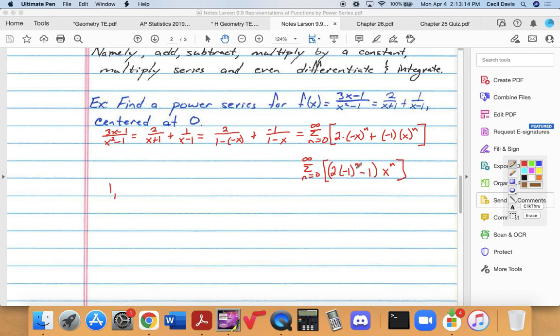If n is 1, that's going to be negative 2 minus 1 is negative 3. If n is 2, oh, so it's alternating, but it's alternating in a really weird fashion. Indeed. Yeah, we'll just leave it.